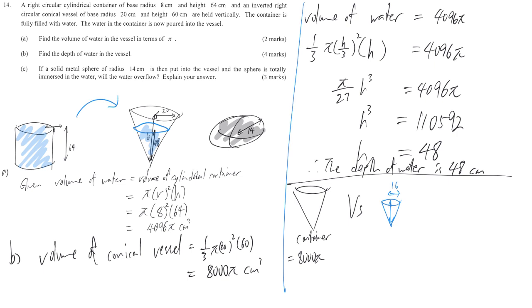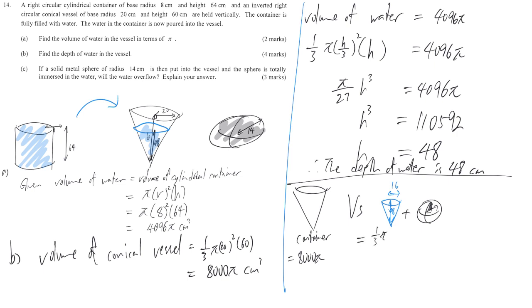And then together with a sphere with radius 14. So we are comparing this volume and this volume, to see which one is bigger. This one is fixed, and our target is this one now. So simple.